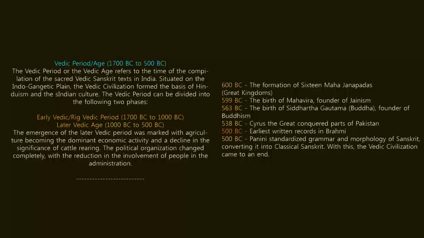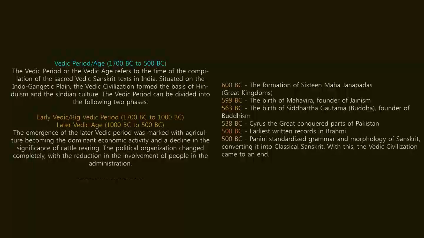Then this part of chronology was followed by very significant dates and times where some very important developments within the political situation of India took place. For example, around 600 BC, the formation of 16 Mahajanapadas.